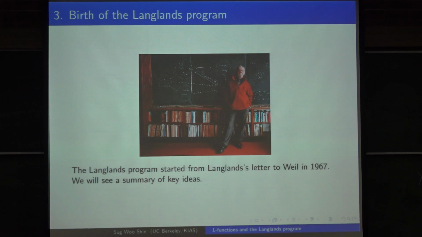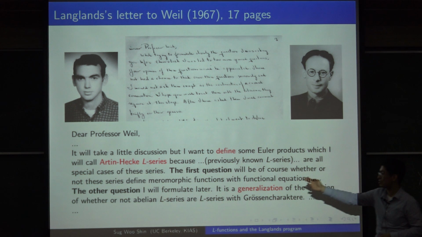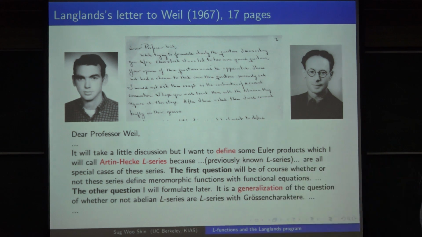And now we are in the 1960s, 1967, Langlands' letter to Weil. It was 17 pages long, but Langlands raised basically two main questions. First question and the other question, and it's about generalizing something. It's really fun to read, but I'll skip that and just explain what were the main points.